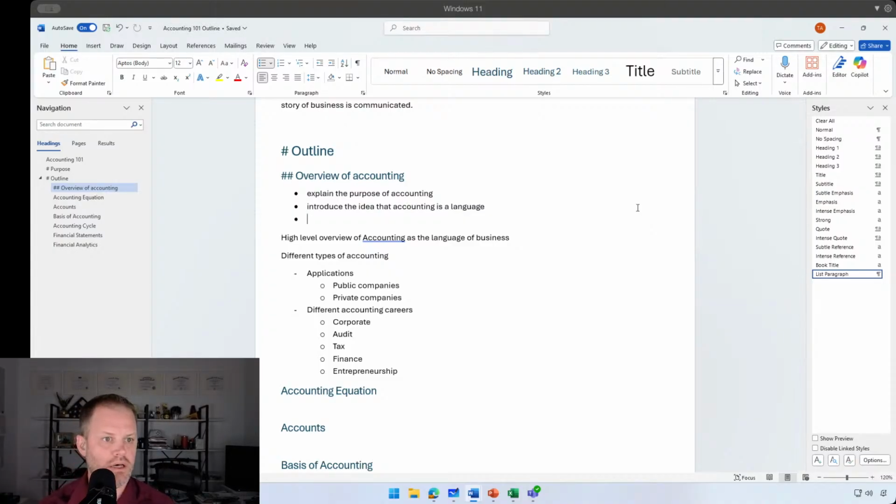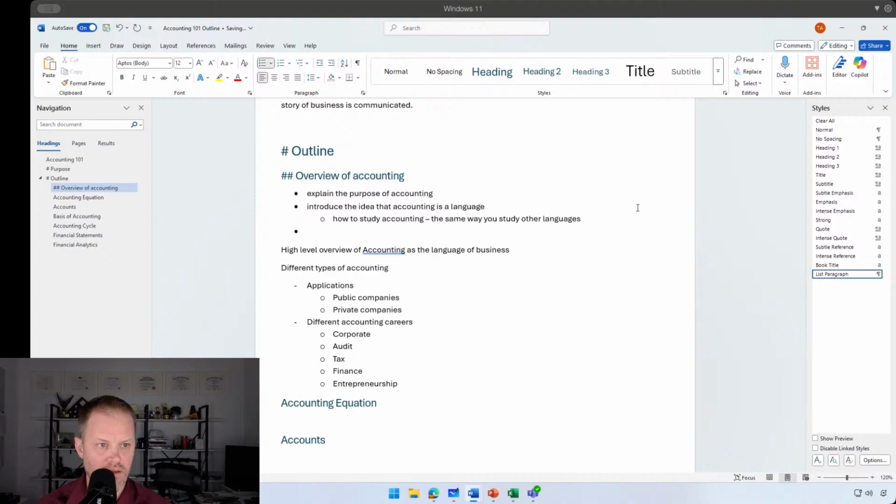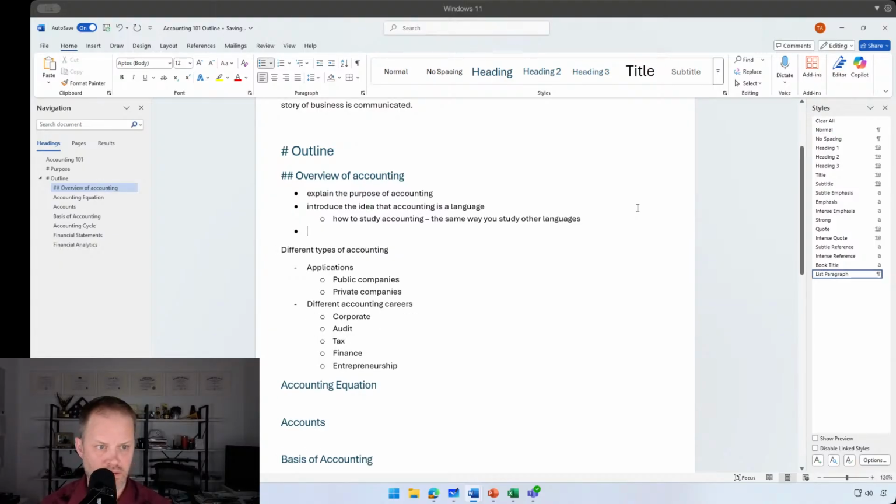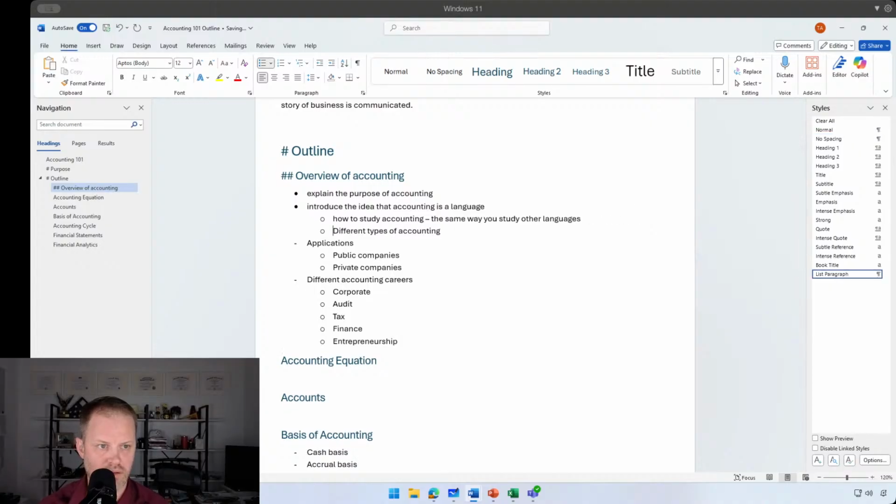Okay. Introduce the idea that accounting is a language. How to study accounting: the same way you study other languages. Different types of accounting.